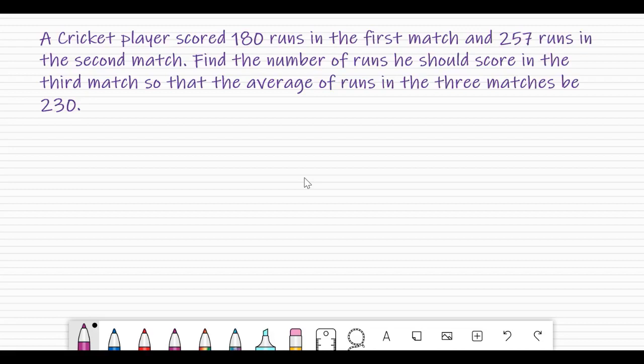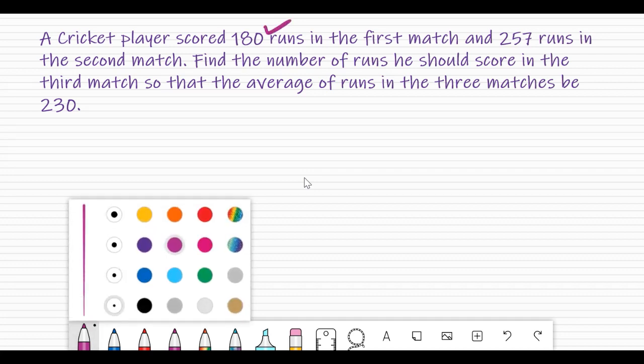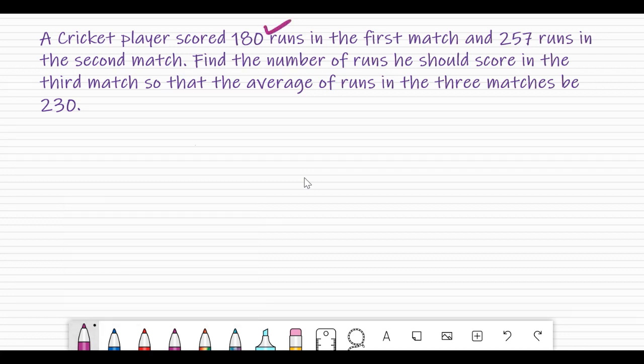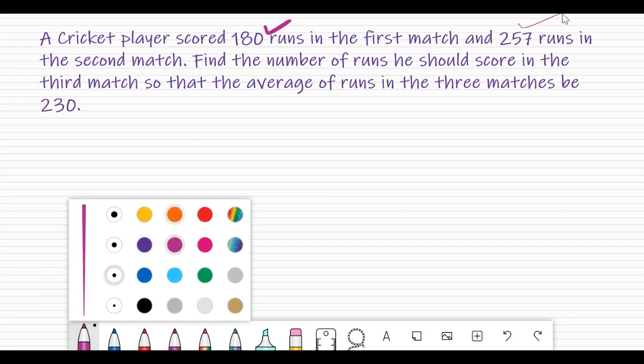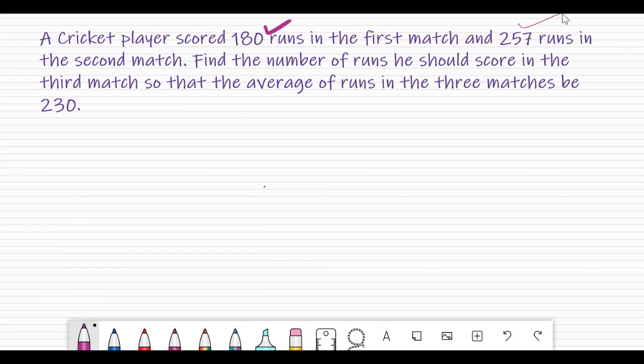What is given is the run scored in the first match as 180, and the run scored in the second match as 257. One thing we know is that if 230 is the average, 230 into 3 will be the total score.